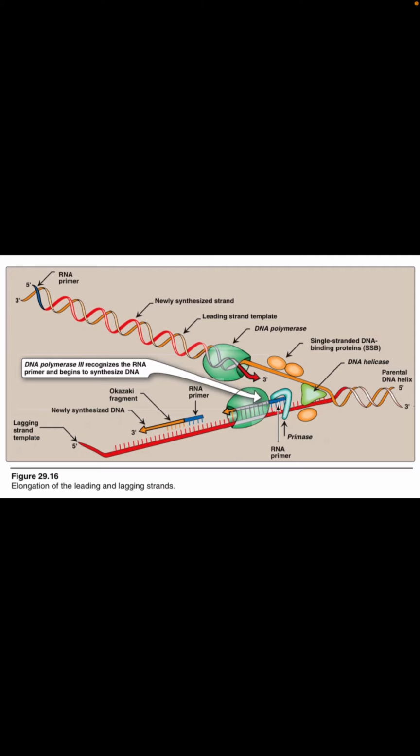During the continuous manner, it will result in the formation of the leading strand, while the lagging strand is going to be formed with the help of different Okazaki fragments. So this results in the formation of many replication bubbles in this way, specifically in the case of E. coli.